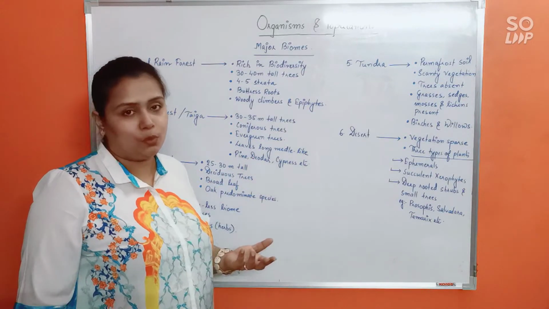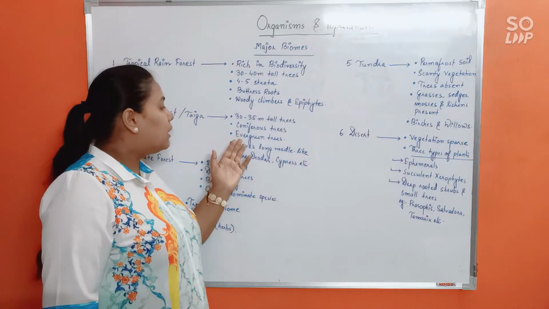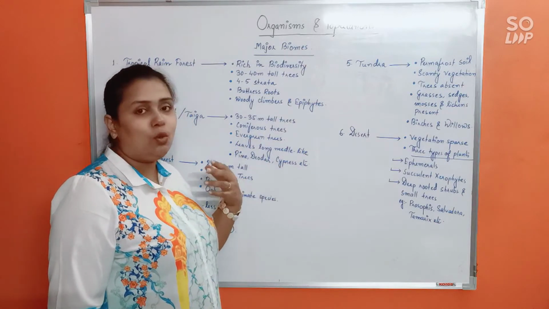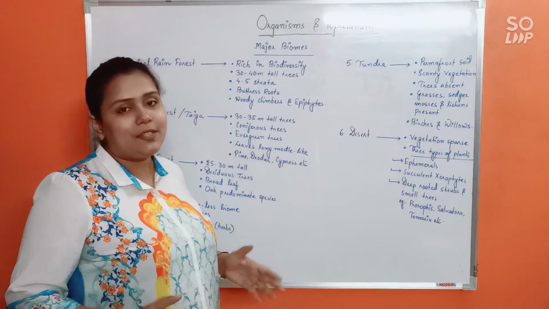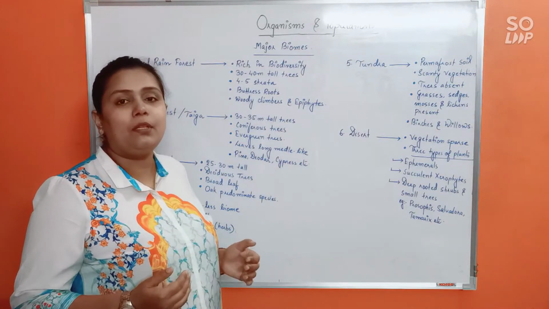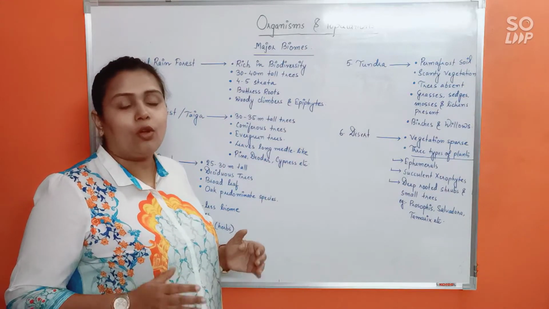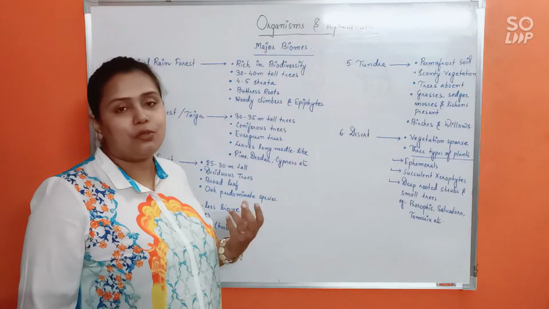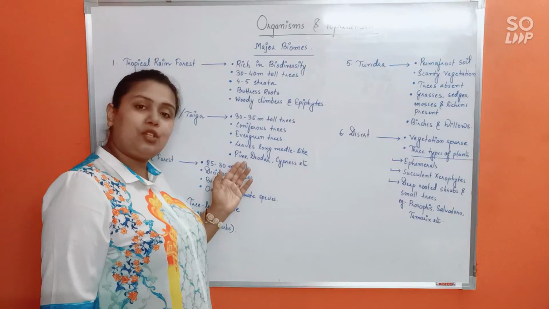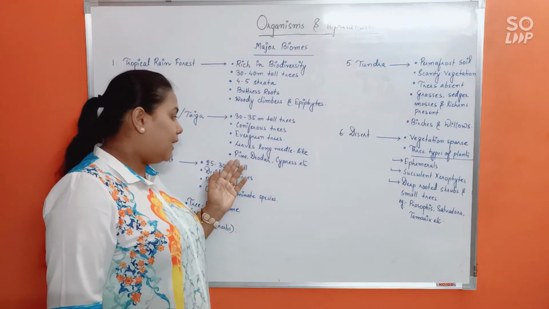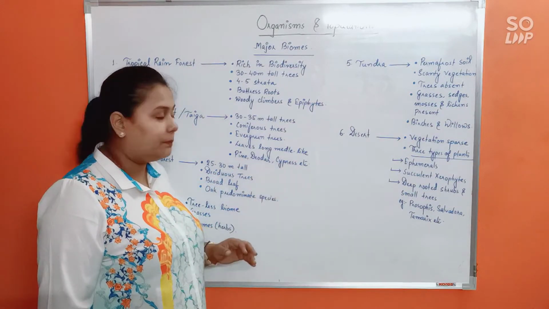Like in most gymnosperms, all of you know about it. The plants are evergreen, so they don't shed their leaves, and leaves are long, needle-like. That is again because the plants will be able to save some water or reduce transpiration due to that. Examples, all of you know, major gymnosperms: pine, deodar, cypress, etc.